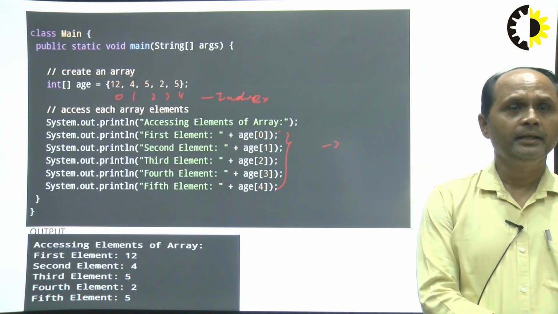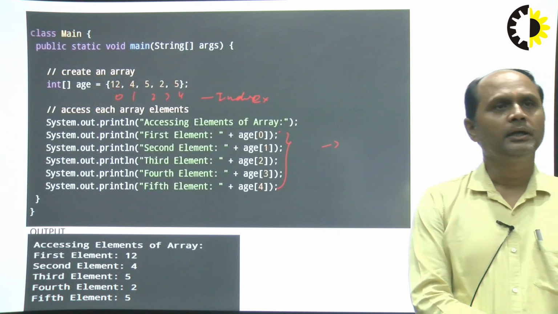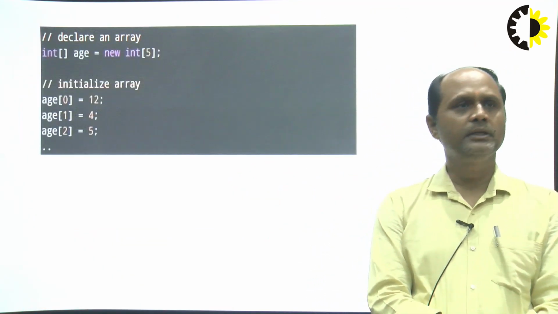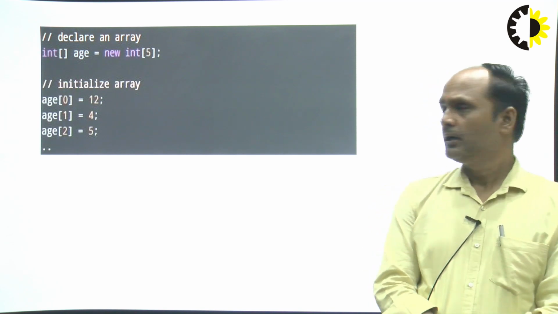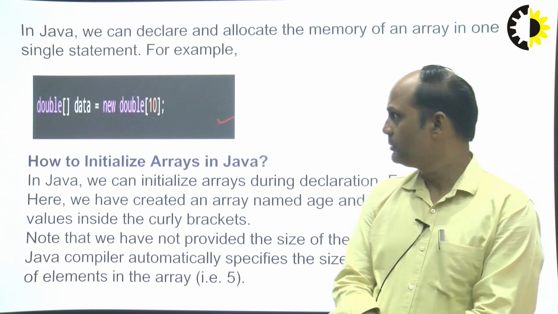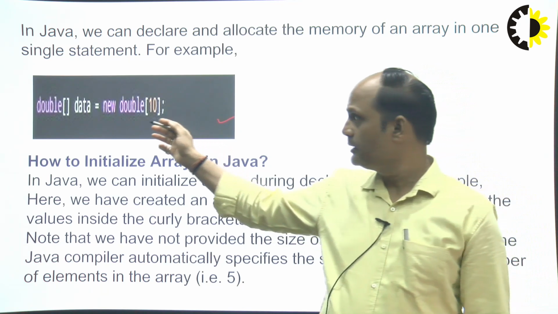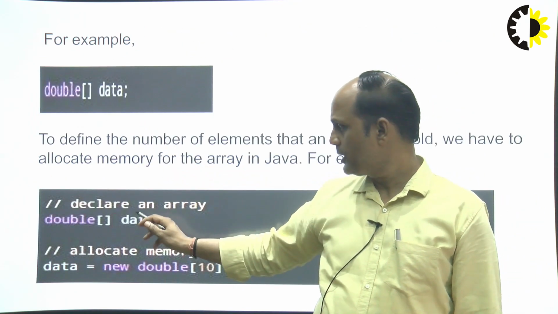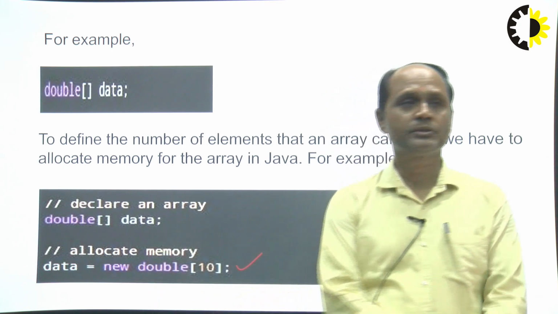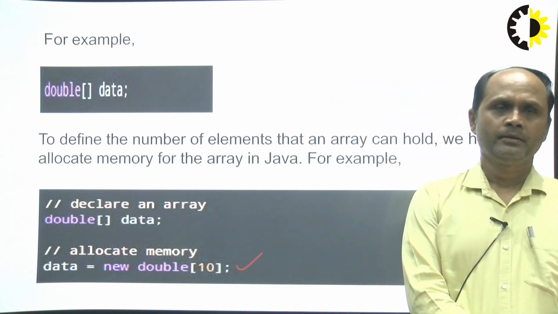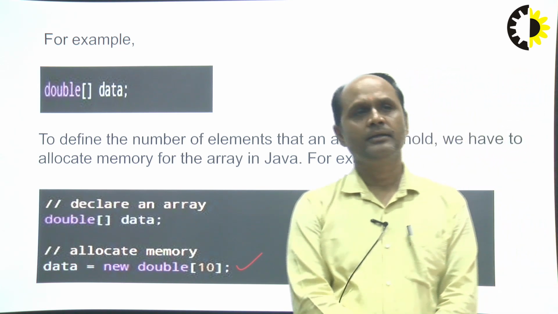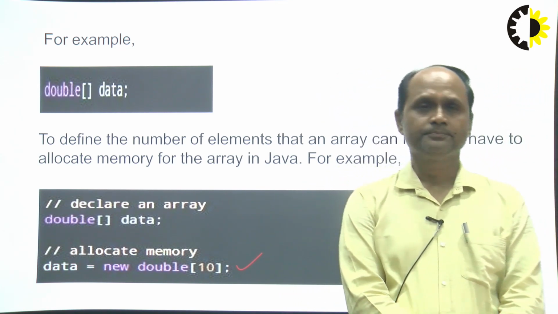In other languages a simple array is defined by simply declaring the size of the variable like this. In Java, we can combine the declaration part and the allocation part simultaneously. So it is very easy to handle an array in a Java program.